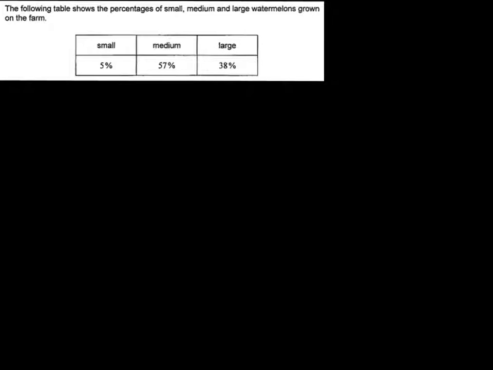In part B, it tells us that a watermelon is large if its mass is greater than W kg.